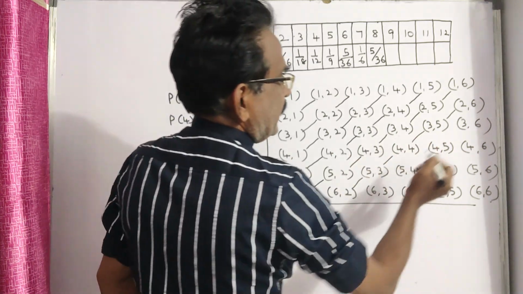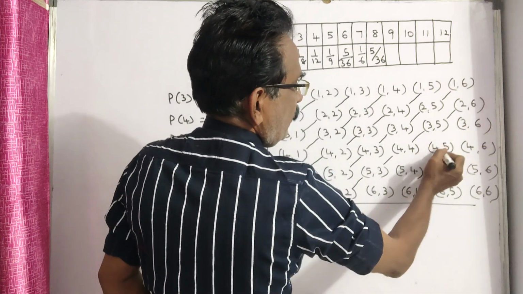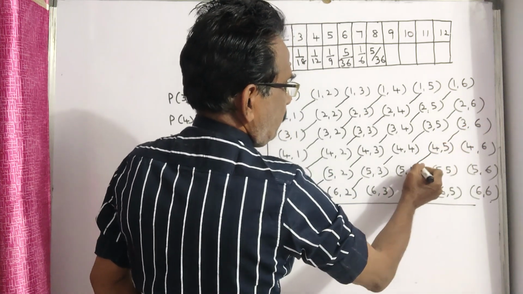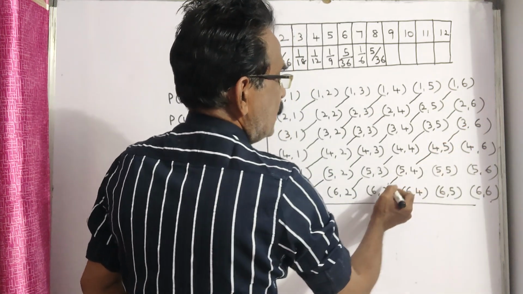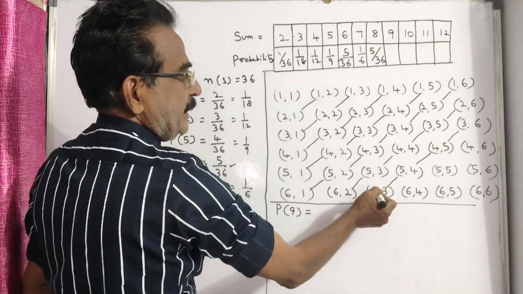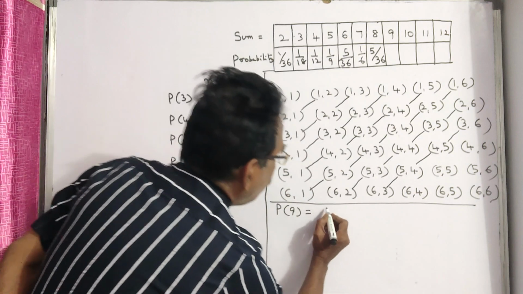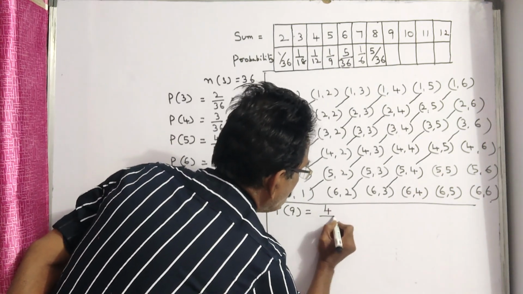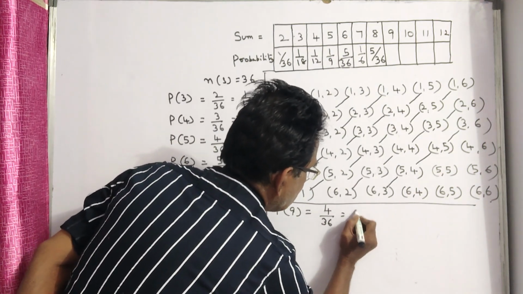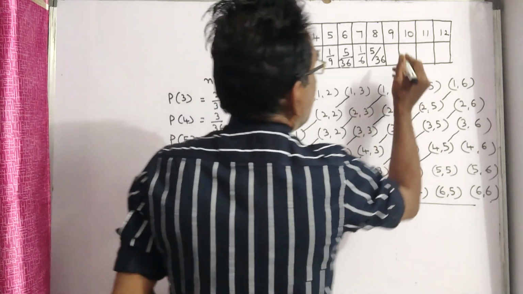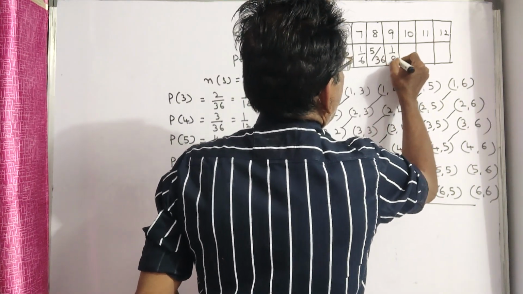Now we are calculating 9. 3 plus 6 is 9, 4 plus 5 is 9, 5 plus 4 is 9, 6 plus 3 is 9. So for getting the sum 9, 4 outcomes are favorable. Favorable outcomes 4, total outcomes 36. That is equal to 1 by 9, the required probability.